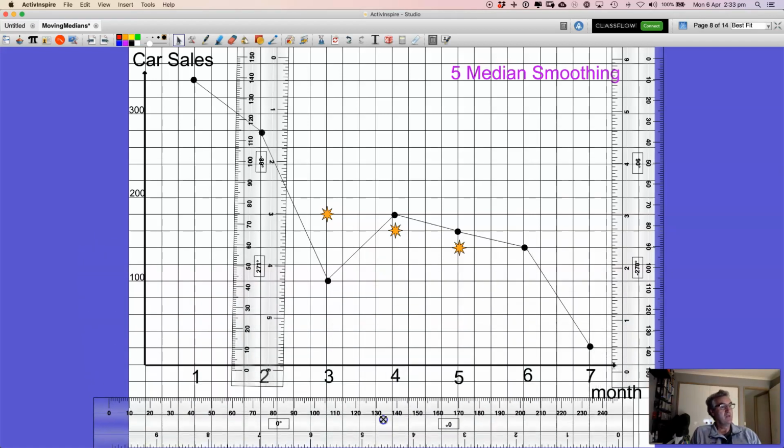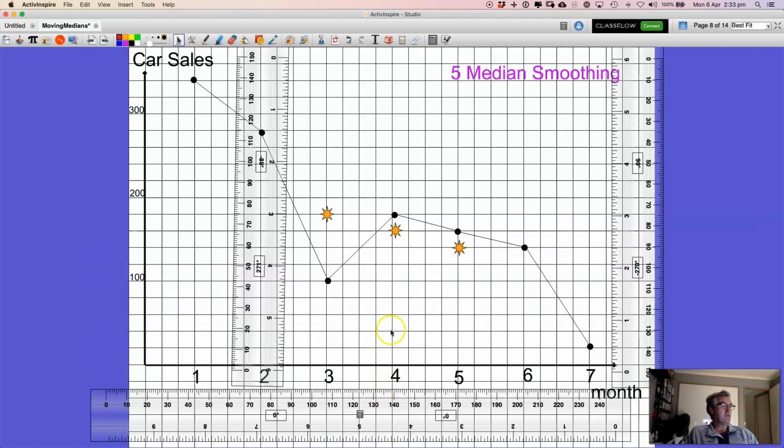Right. I can't move any further forward, because if I tried to look for the median for this point here, I would need two data points, one at 7 and one at 8. The one at 8 has not been provided, so that is where I stop.